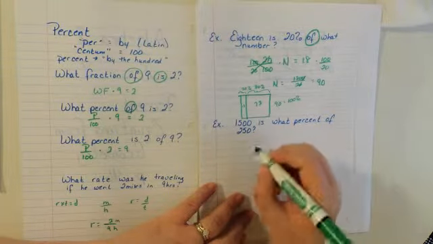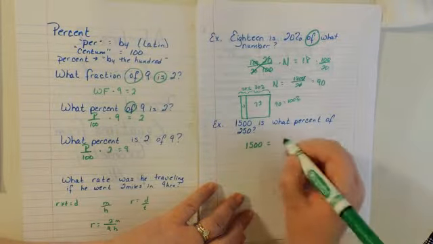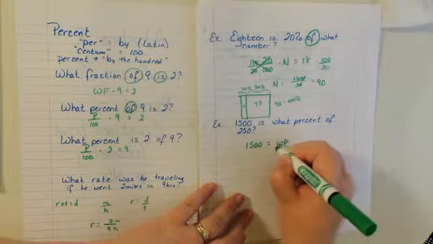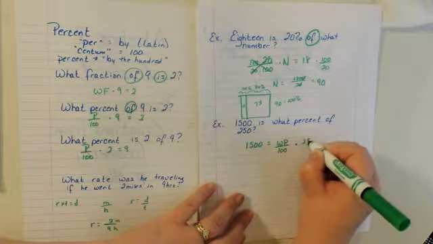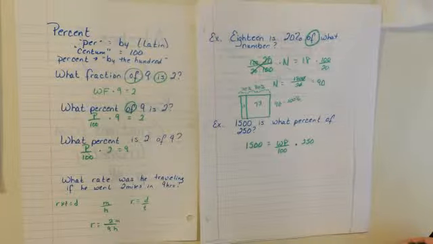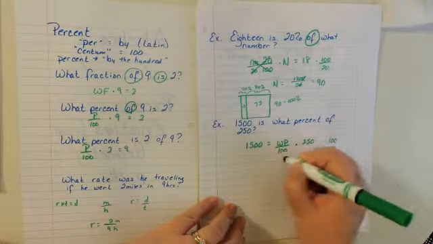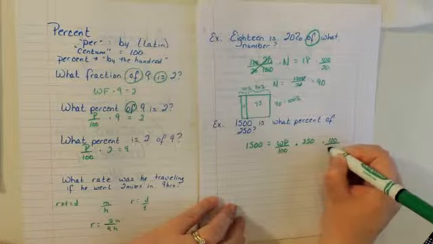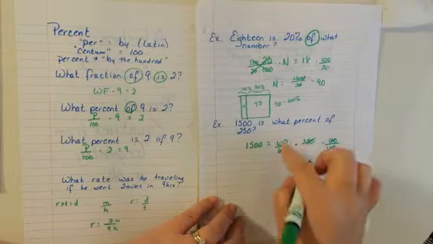Okay. So we have 1500 is what percent, and percent is over 100, of 250. That's how we're going to set this up. If we multiply times the reciprocal of the constants that are here, multiply times 100 and divide by 250, we'll get rid of both of these numbers and we'll be left with what percent.